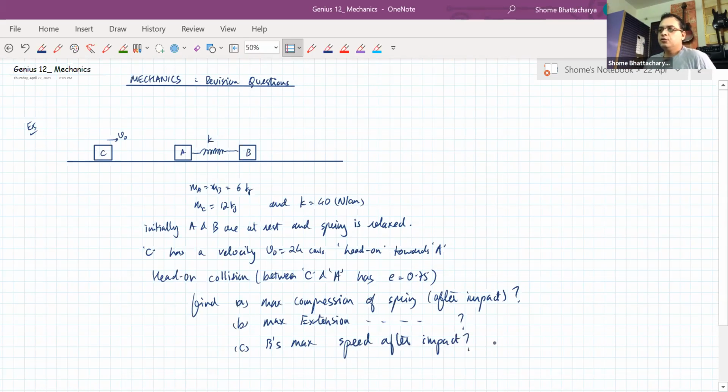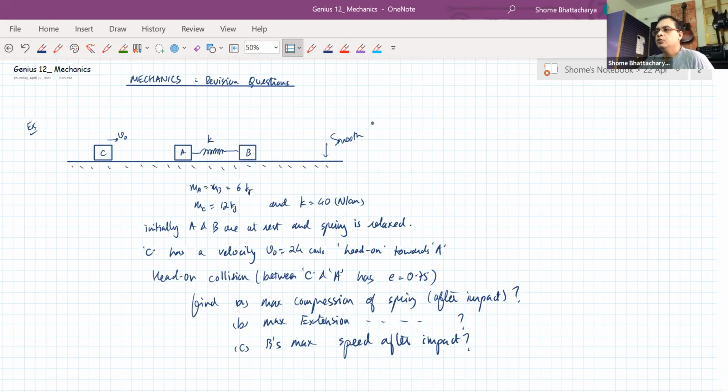So you have to be a little bit careful where you can apply conservation of energy and where you cannot, because there are a number of things happening here. First, C is colliding with A, then A is transferring some of its energy into the spring and delivering some impulse on B. So A and B together with the spring act like a system. Through this, we will also cover the application of one-dimensional head-on collisions.